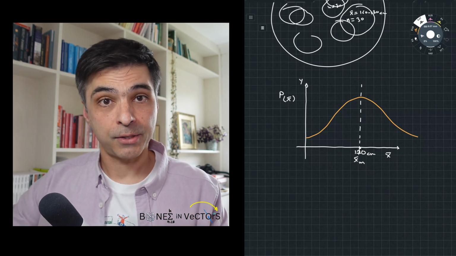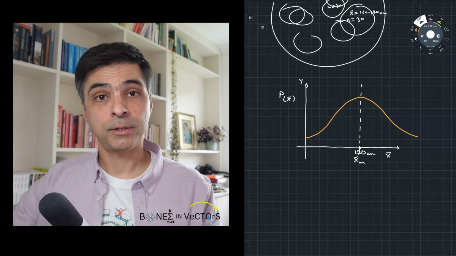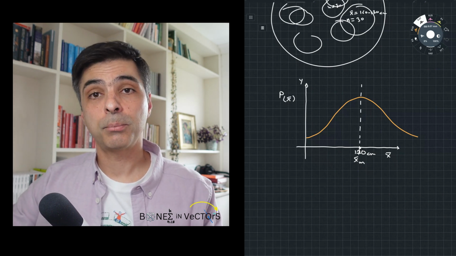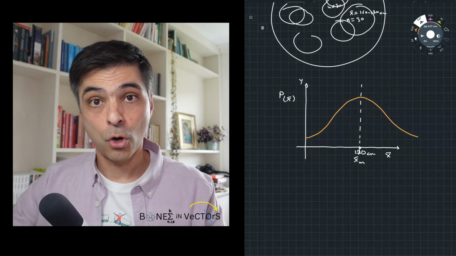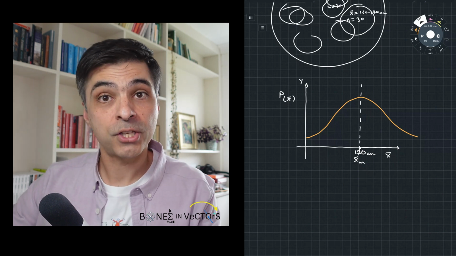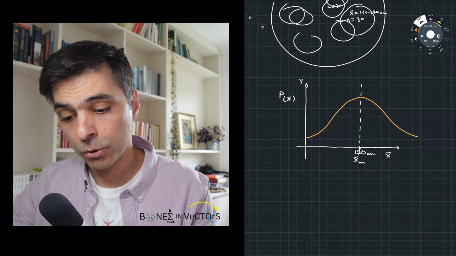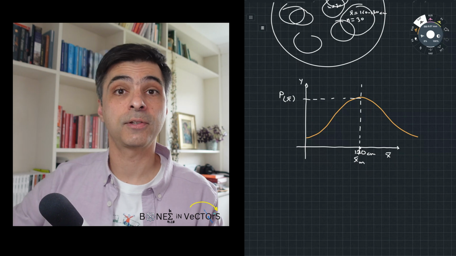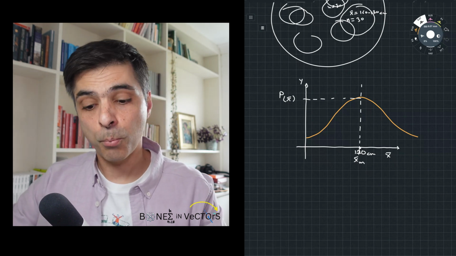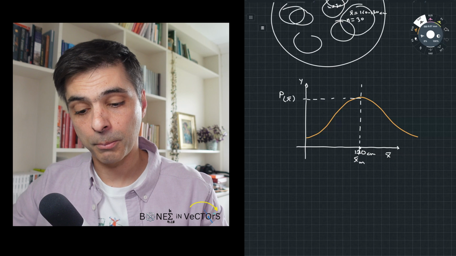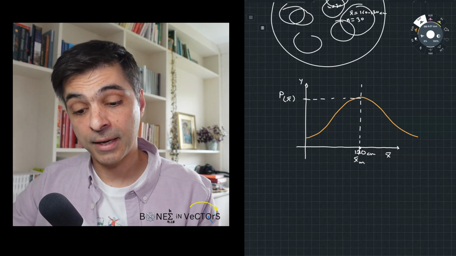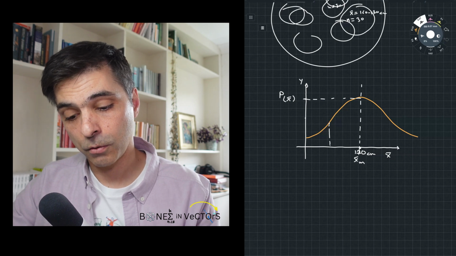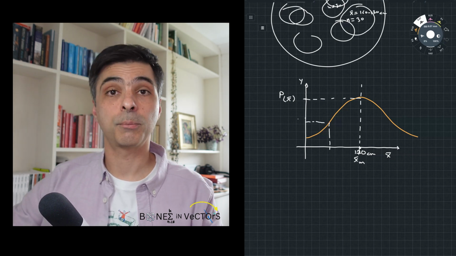And this makes sense. If you think about it, what it means is that taking a sample of 30 people whose mean height is close here to the population mean, which is 170, is more probable, because the probability here is higher than getting another sample with another height mean.